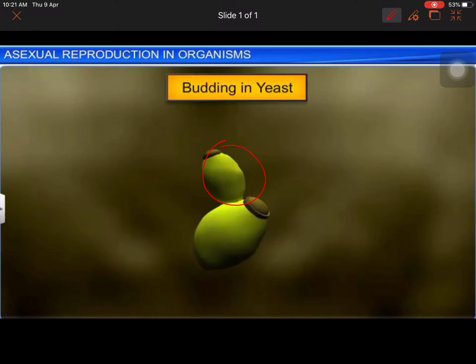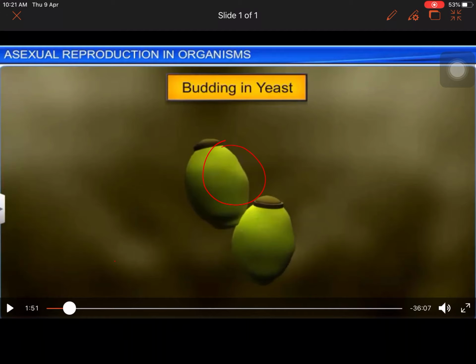These buds initially remain attached to the parent cell and then several to develop into new organisms.